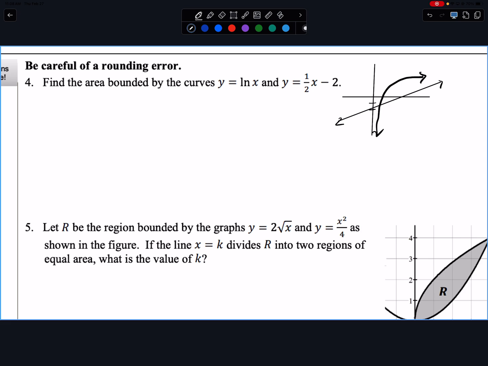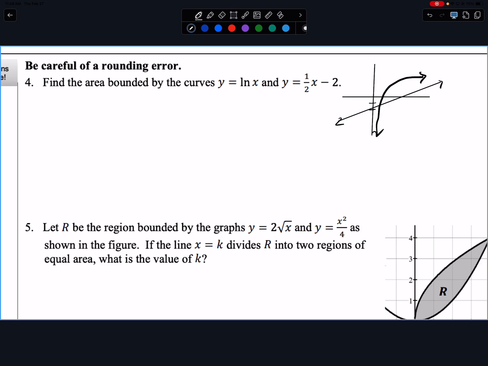So what's really important here is if I want to know where these graphs cross, because this is a natural log, are there any e's or logs in this function right here? So most likely these cross at really ugly numbers. So what we're going to do is we're going to practice right now. Number one, this is my guess. Do I really know what the top function is or what the bottom function is?